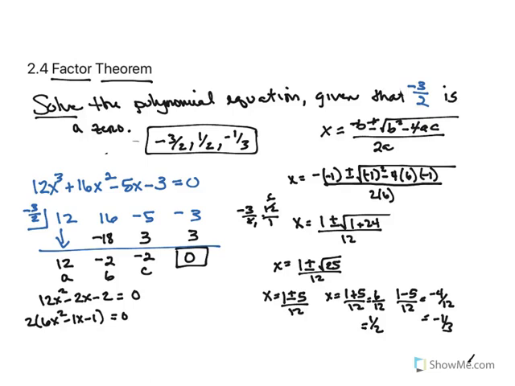Okay, so you should have gotten 1/2 and negative 1/3 when you do your problem. So I didn't want to use the 12, so I saw there was a GCF here, so I factored it out. And then it can factor, but I did the quadratic formula, so I substituted in my A, my B, and my C. But even if you had used the 12, 2, and then 12, negative 2, negative 2, it still would have come out the same thing. 1/2, negative 1/3.